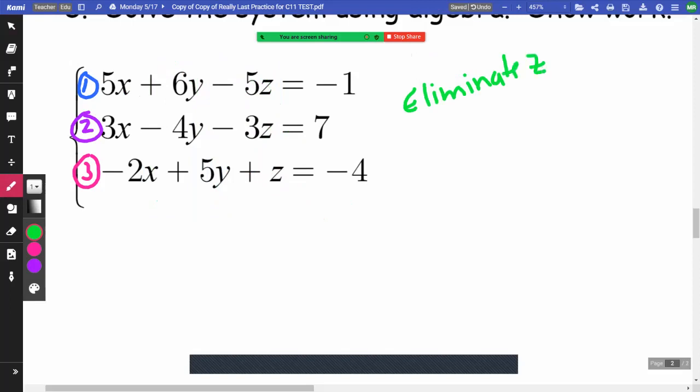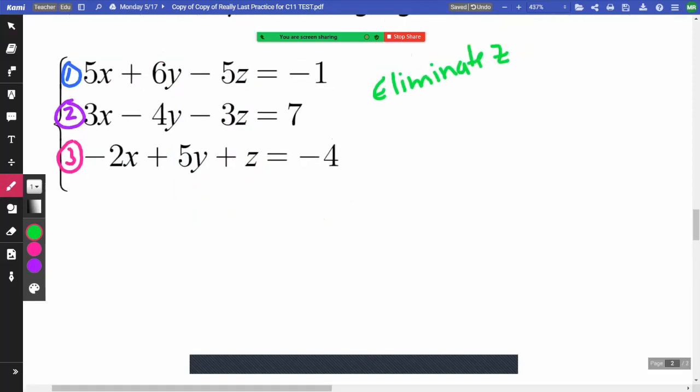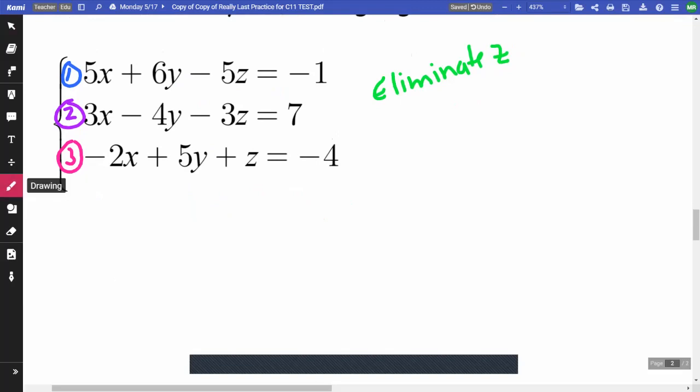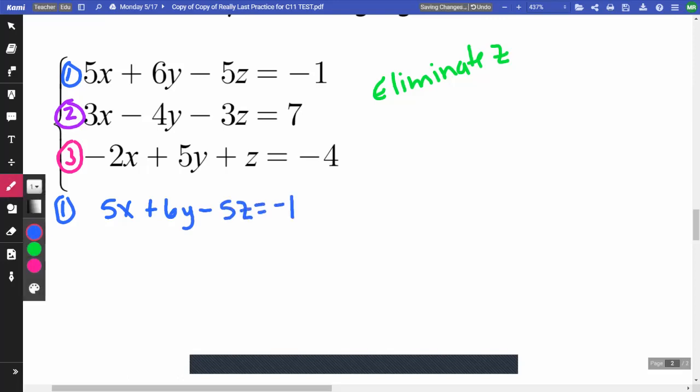Okay, so what I'm going to do is start with equation 1, which is 5x plus 6y minus 5z is equal to negative 1. And I am going to multiply equation 3 by a 5 to get rid of my z's.